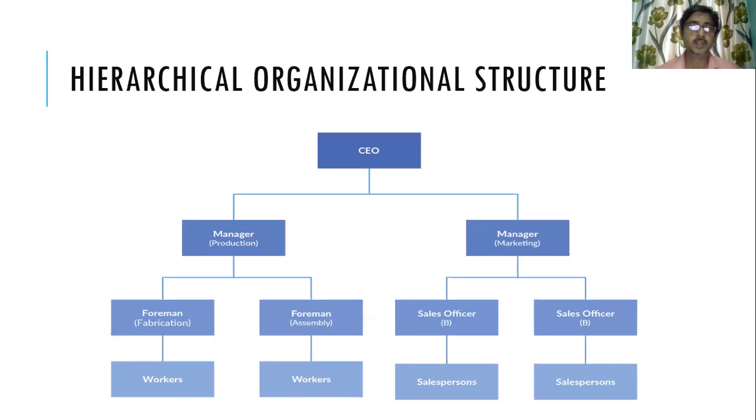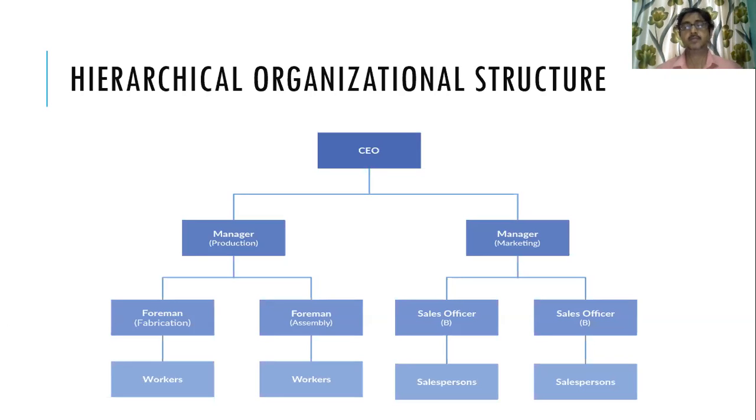Now CEO, under CEO we can see over here two managers, production manager and the marketing manager. And again, under the supervision of production manager, we have fabrication foreman and assembly foreman, and each of the foremen is actually having the workers.